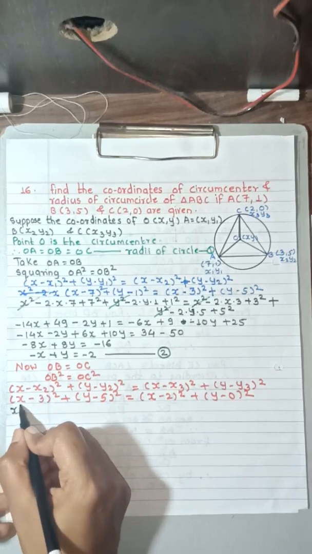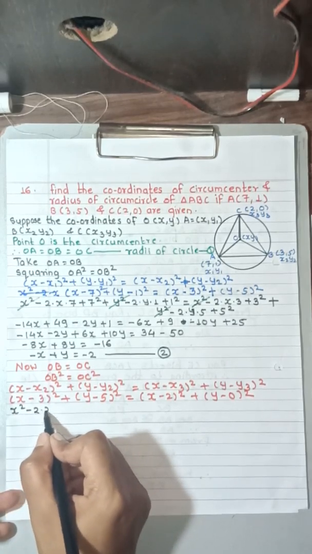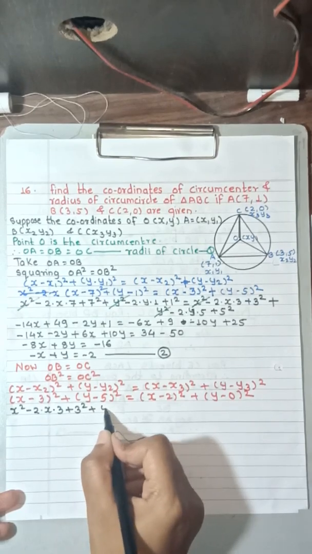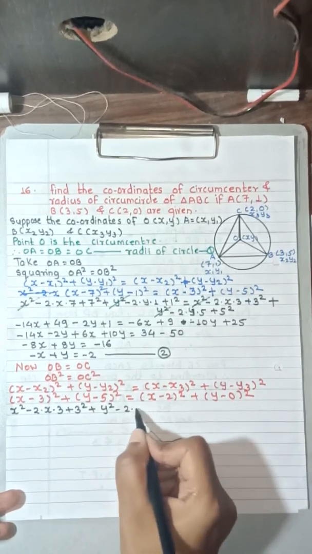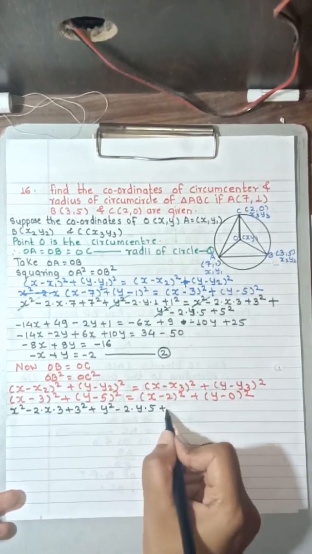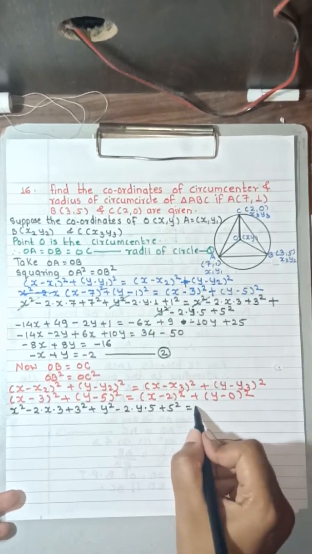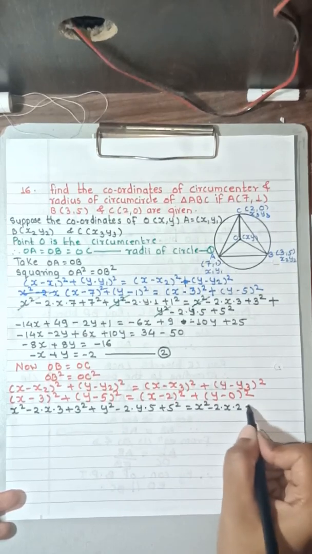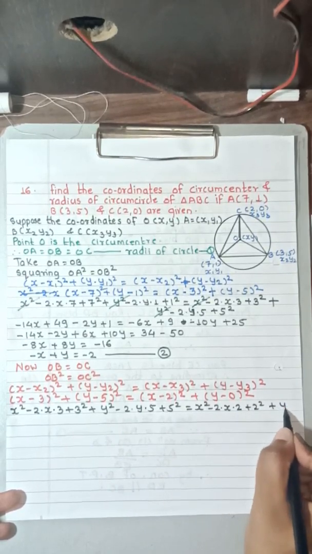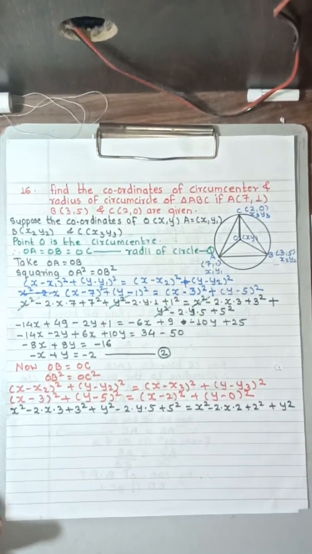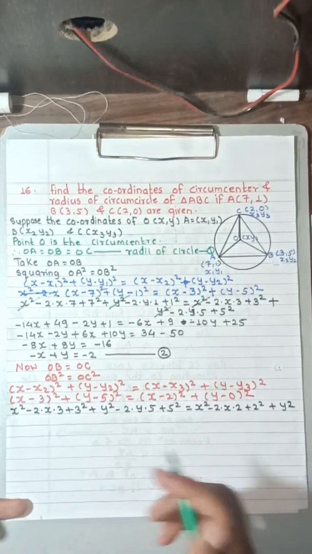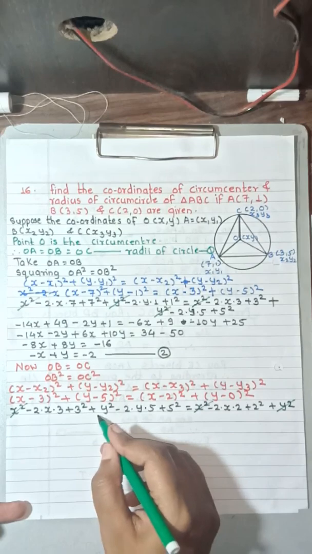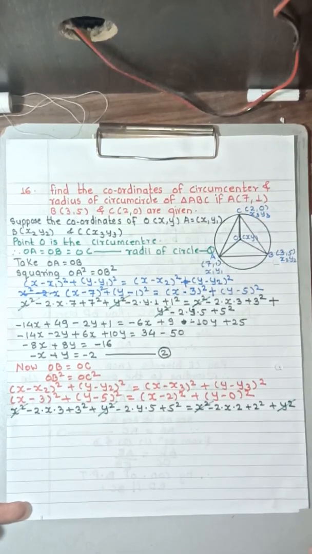This will be x square minus 2 into x into 3 plus 3 square plus y square minus 2 into y into 5 plus 5 square is equal to x square minus 2 into x into 2 plus 2 square plus y square. Now here also the same thing is going to happen. x square and x square will get cancelled, y square and y square will get cancelled.